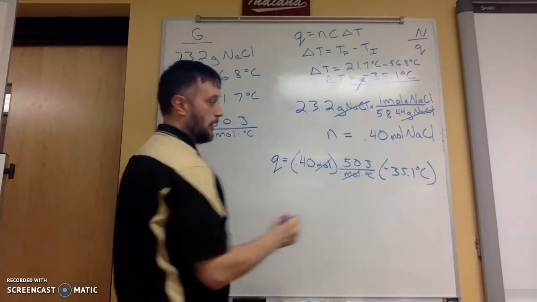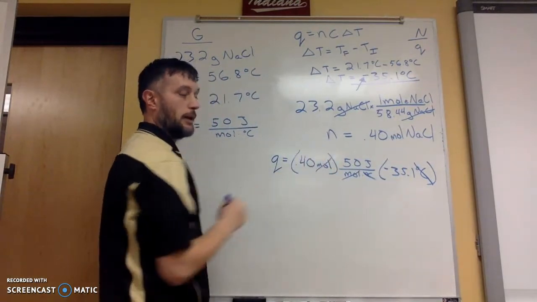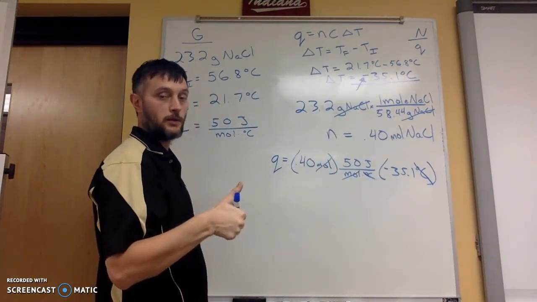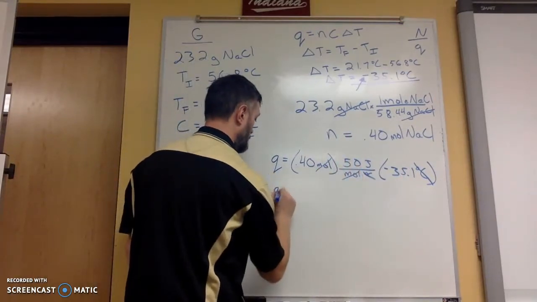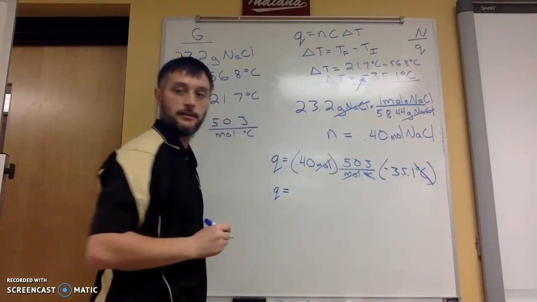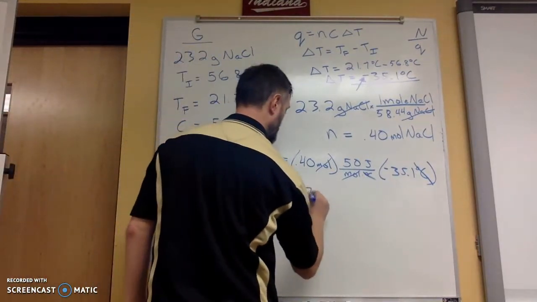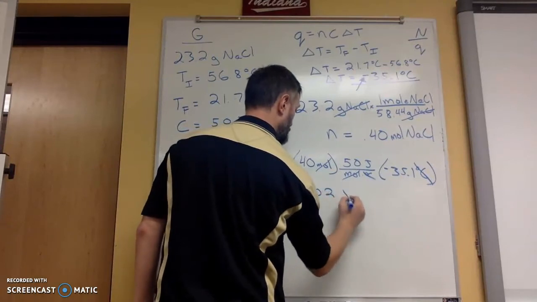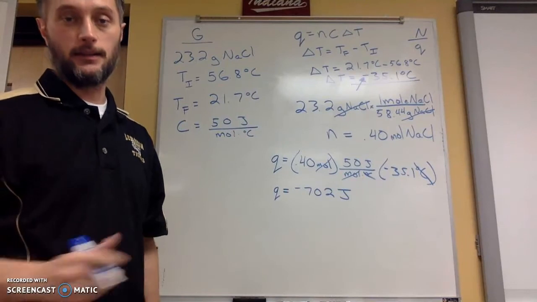Moles on top, moles on bottom. Celsius on top, Celsius on bottom. Left with joules. Q is measured in joules, so I'm good there. Just multiply across. My Q works out to be negative 702 joules.